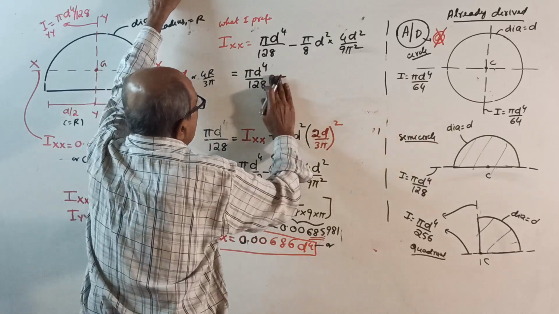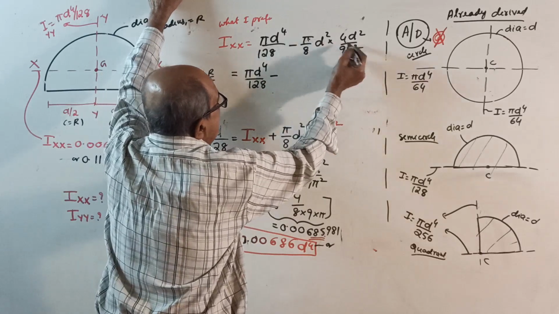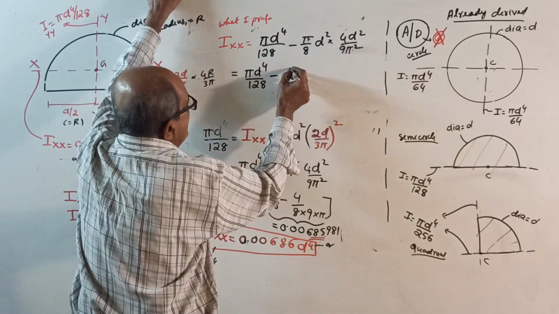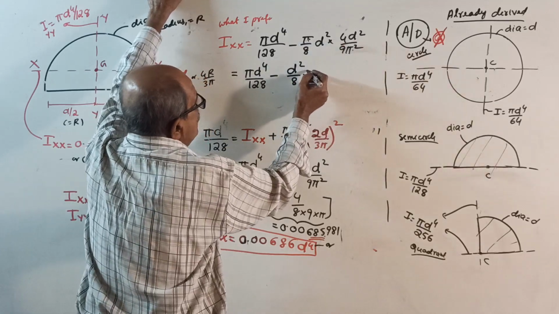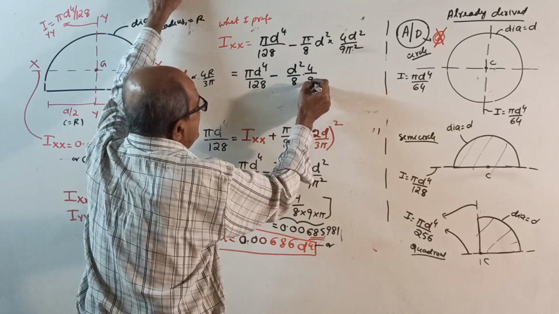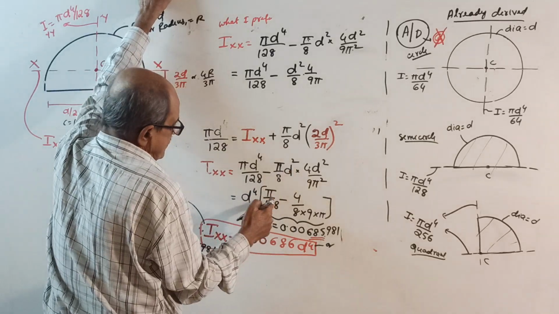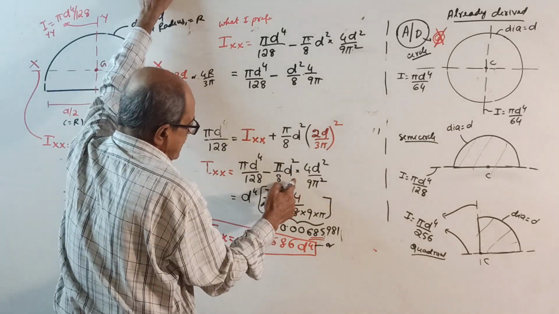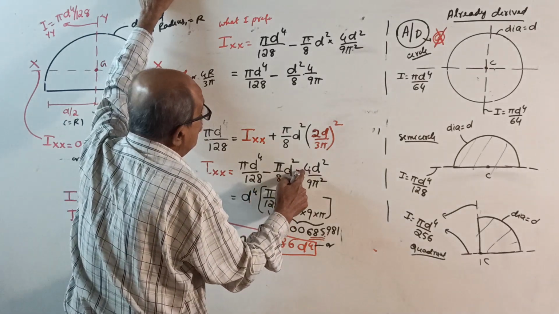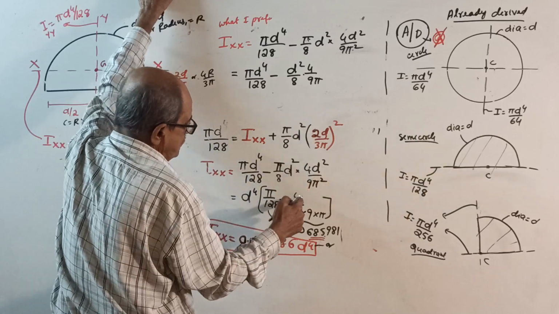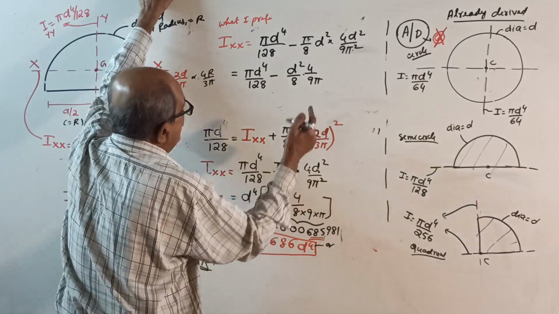Or I will do one thing before that to make it clearer. Minus pi square is d square by 8 into 4 by 9 pi. Correct, d square by 8 into 4d square. 4d square, not d.